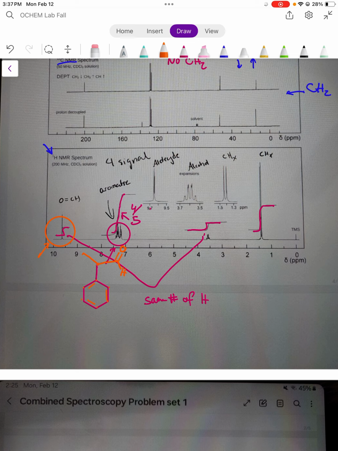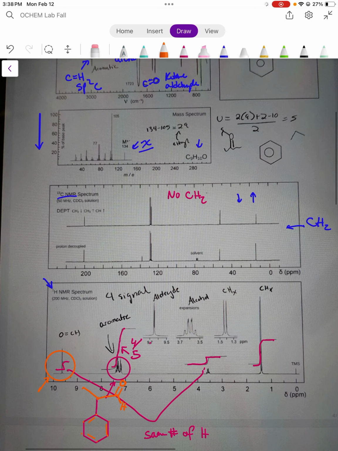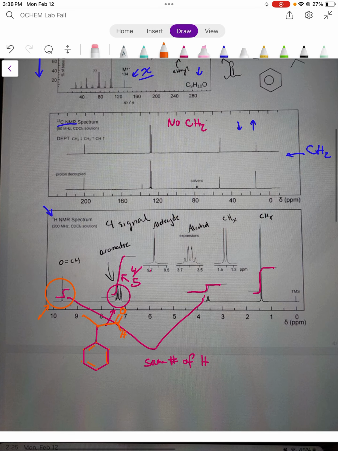That's your aldehyde signal. If it was a ketone, the signal's over in like the 12 area, I think. It's farther over. So we're just going to stick that aldehyde there, and then we're just going to confirm that everything looks good. And I'm going to let you do that yourself, so this isn't too long.